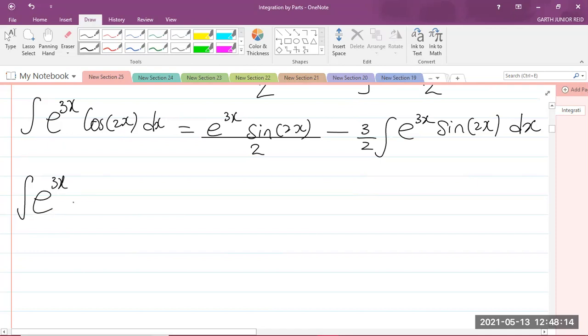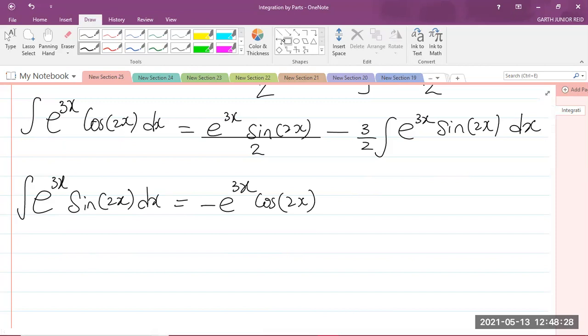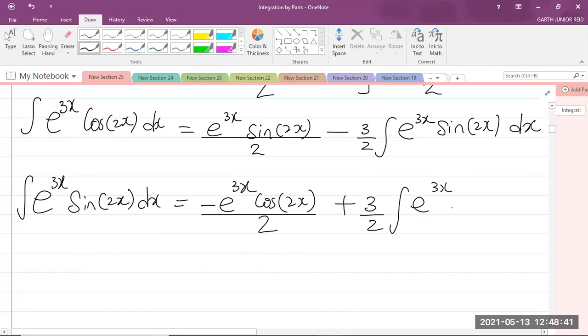This is what they had originally asked us to find. And we said that this is going to be the negative e to the 3x times the cosine of 2x, and we are dividing that by 2, plus we also had 3 over 2 multiplied by the integral of e to the 3x times the cosine of 2x dx.